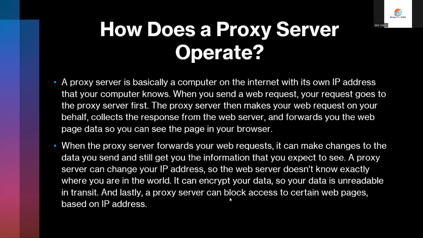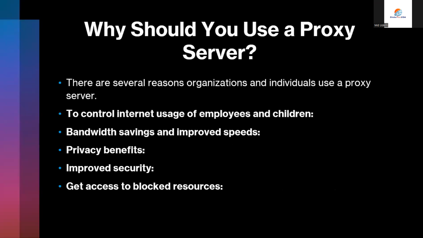And lastly, a proxy server can block access to certain web pages based on the IP address also. So in the proxy server, they have blocked the countries, and based on those countries, the IP addresses are also blocked. That's why when you are trying to access the information, it's rejecting.